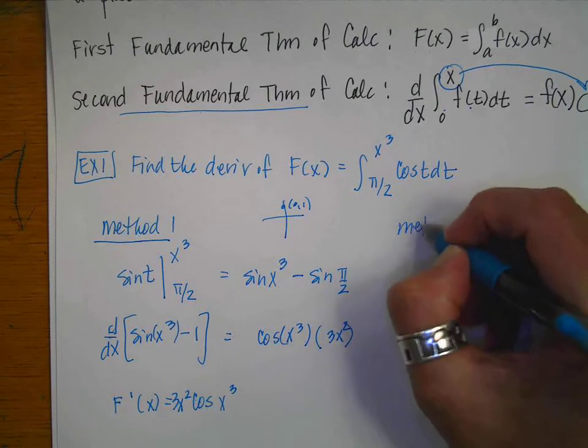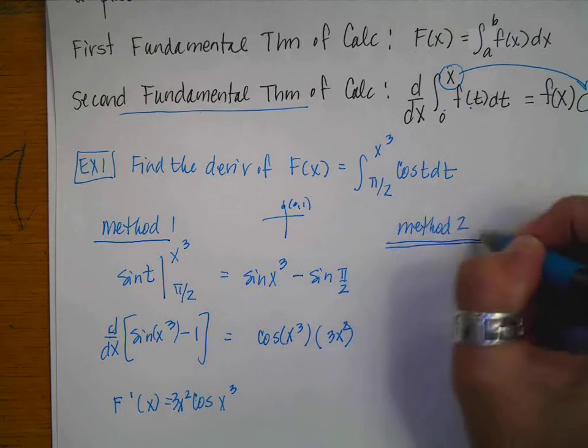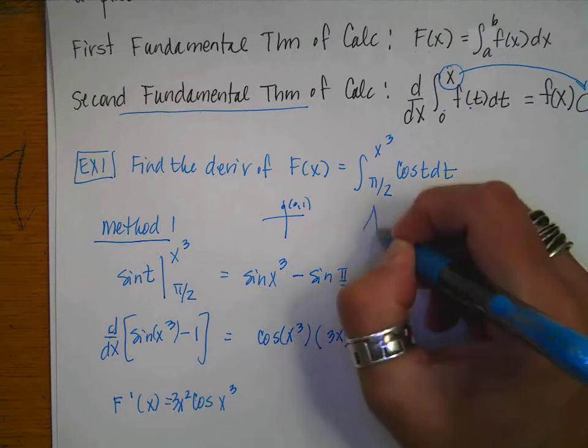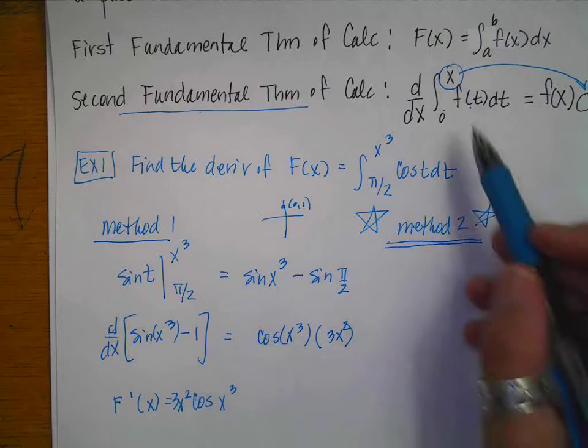So method number 2. The reason that this is glorious, I'm going to put a big old star by it, is that this should be the way that you manage these equations. I can get here, but oftentimes when you're asked to take the derivative of an integral, the integrals are hairy. And if you remember the second fundamental theorem of calculus, you don't have to work very hard.